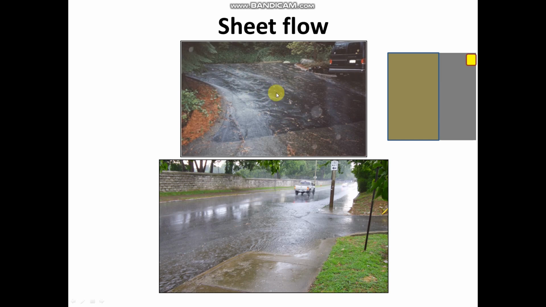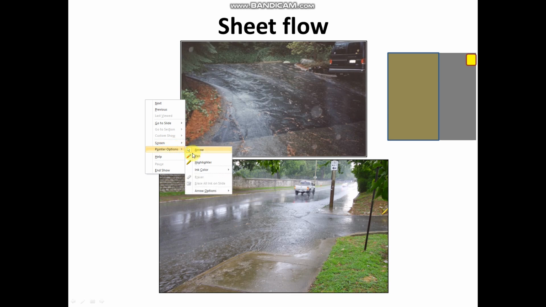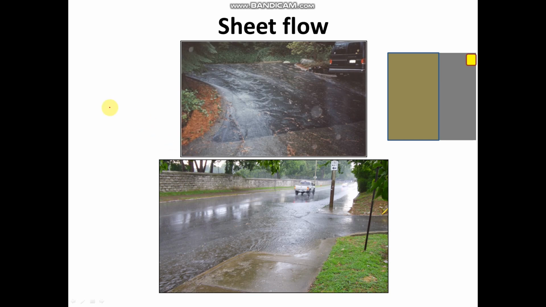So you can see the layers, that is called sheet flow. Okay, the same you can find in the picture below. As I mentioned previously, sheet flow is applicable when the runoff water is traveling up to the range of 150 feet or 50 meters.